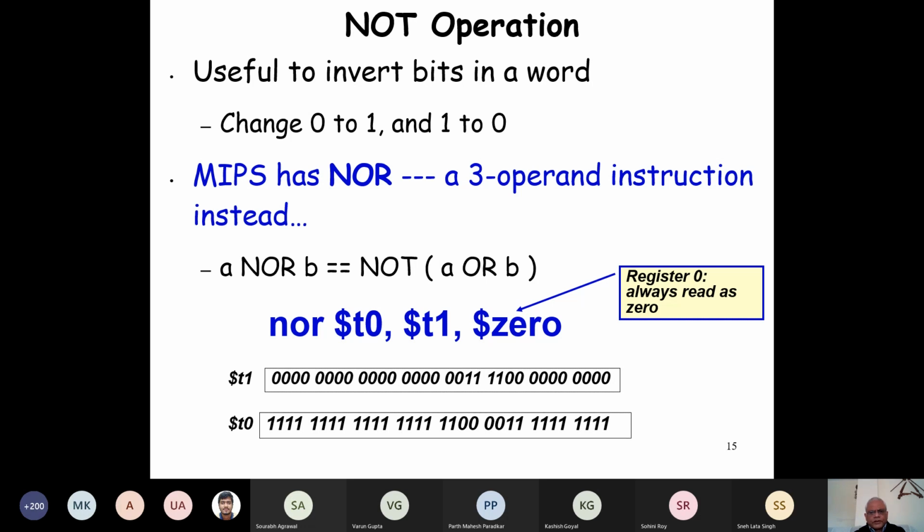So if we have B as 0, then we can use the NOR operation to get the NOT operation. So we use the zero register as one of the operands with NOR, and we get the NOT. We flip the bits.